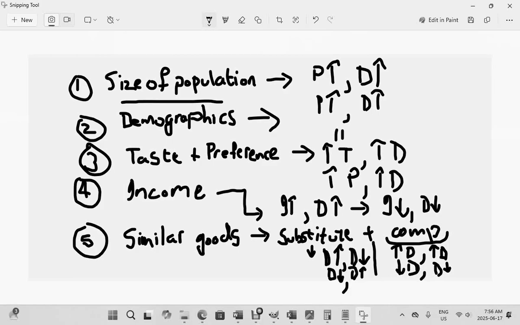Going back to your PlayStation, as the demand for the PlayStation goes down, the demand for the controller will go down as well. Because obviously, without the PlayStation, there's no use for the controller, right? The controller goes along with the PlayStation. So these are all the factors that impact your demand apart from the price.